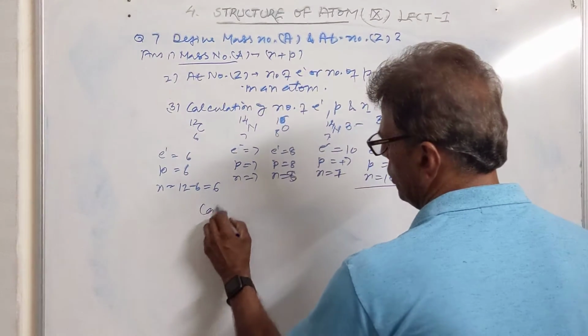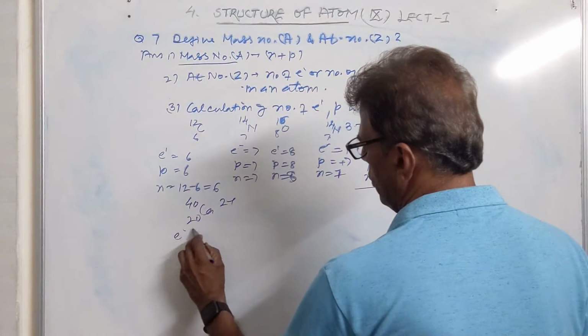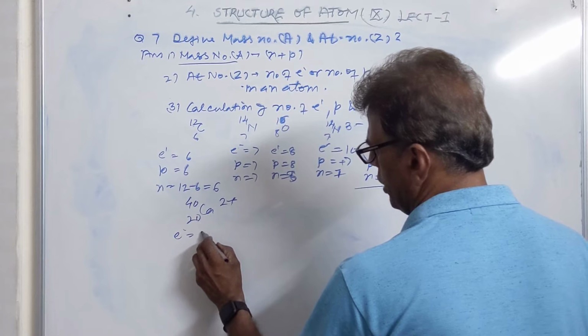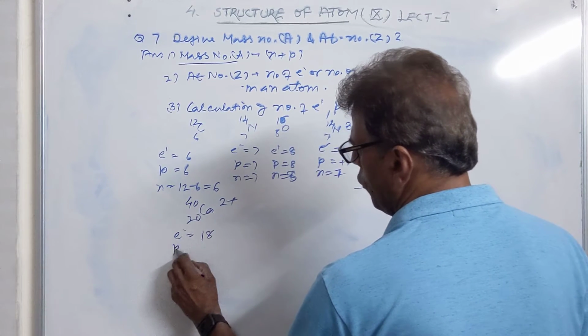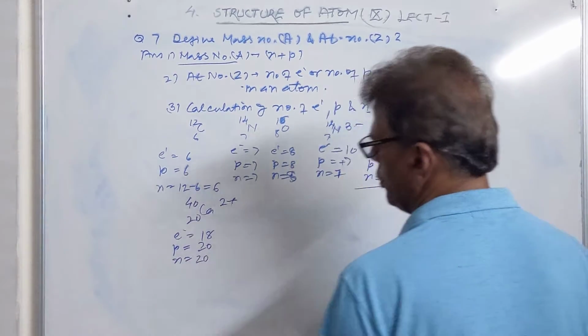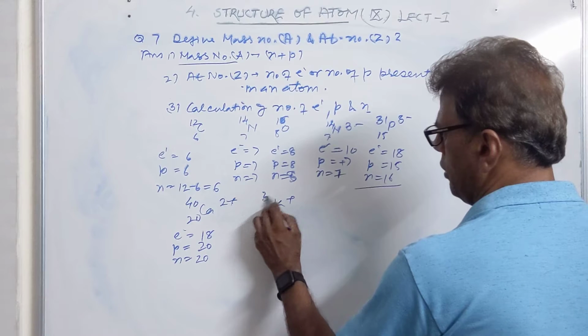If we have a positive species, for example the calcium ion, 20, 40, electrons will be subtracted, the plus charge is subtracted from the electrons: 20 minus 2, it is 18. Protons remain 20, and neutrons are 40 minus 20, which is 20. Then we have the potassium ion, 19, 39.